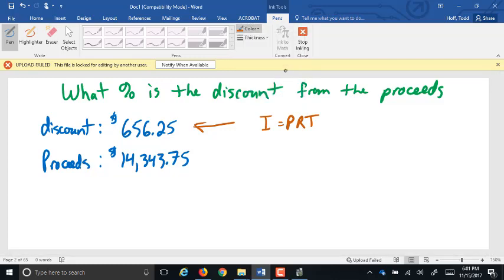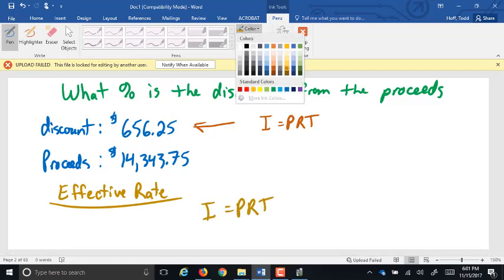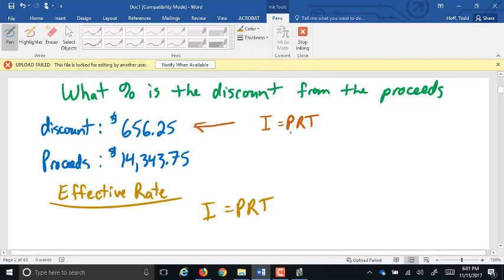To find the effective rate, we are also going to use I equals PRT. The difference is, up here, the principal was the face value. Down here for the principal, we are going to use the proceeds.